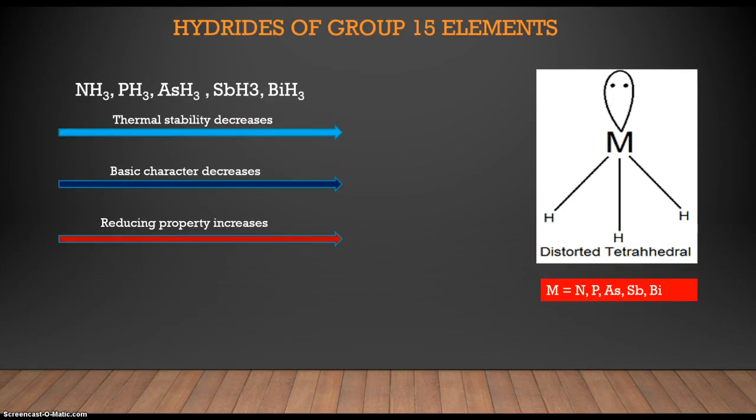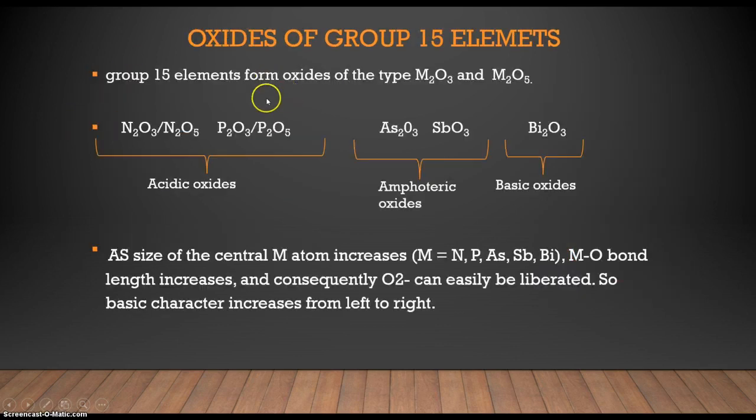So from nitrogen to bismuth, due to the increase in size of the central atom, the lone pair charge density on that central atom decreases. As the lone pair charge density decreases on this central atom M, the chance for the central atom to take a proton decreases, and consequently the basic character decreases from NH3 to BiH3.